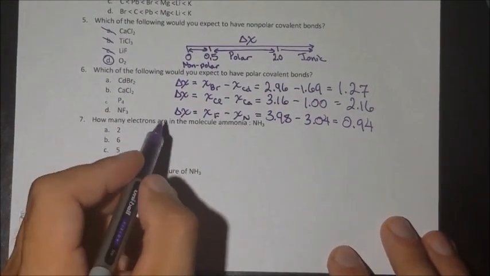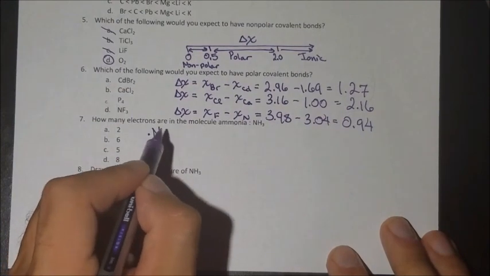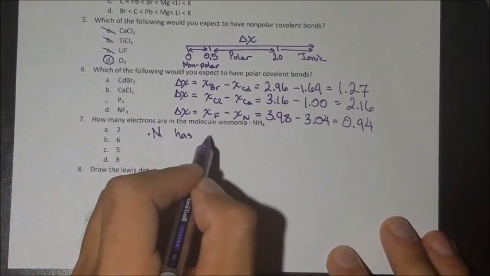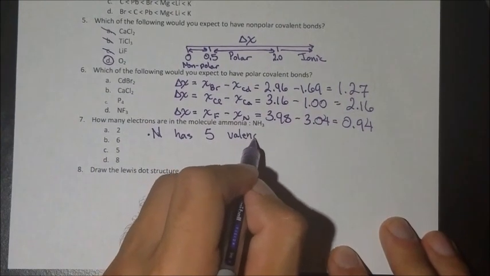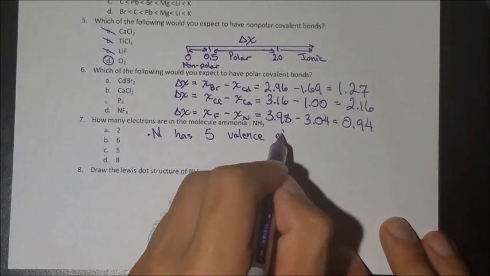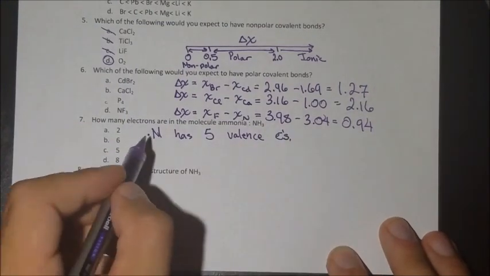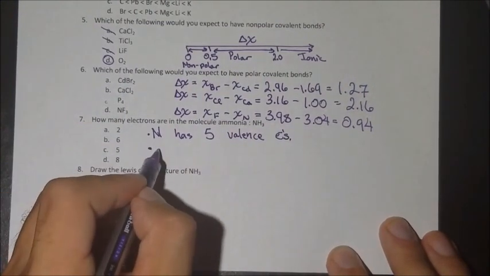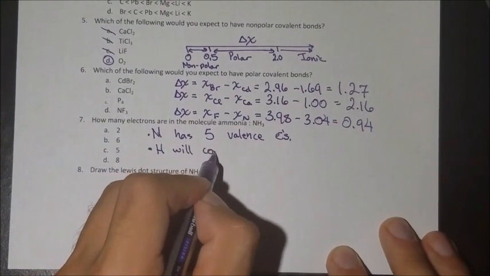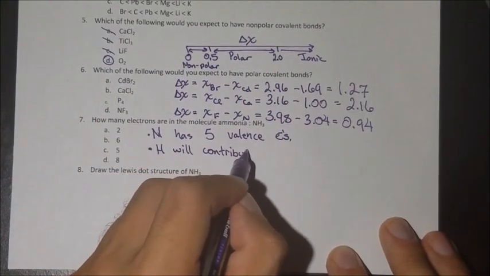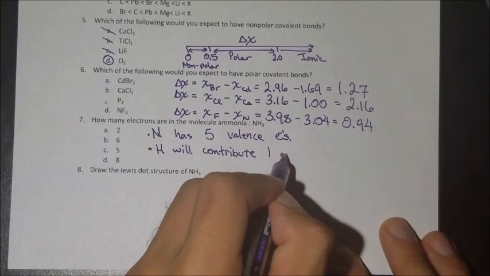So the first thing to keep in mind here is that nitrogen has 5 valence electrons. And the other thing to keep in mind is that each hydrogen will contribute 1 electron.